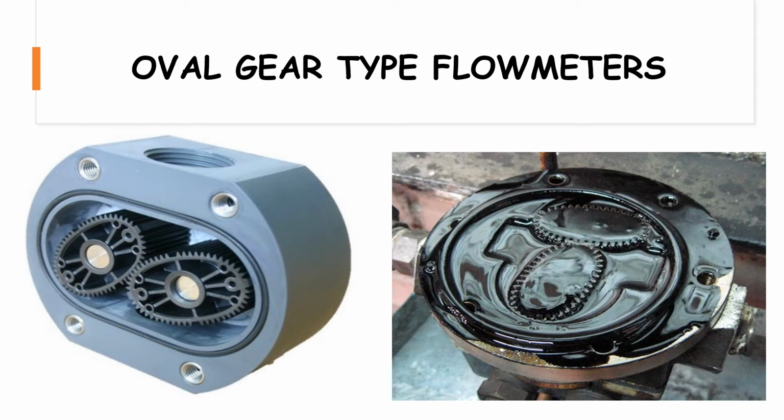Now, this diagram tells you how a real-time oval gear flow meter is going to look. Again, this comprises oval-shaped gear rotors which rotate within a housing of specific geometry. The fluid differential pressure causes the intermeshing gears to rotate, trapping a pocket of fluid between the gear and the outer housing and then subsequently emptying the fluid pocket into the downstream flow.